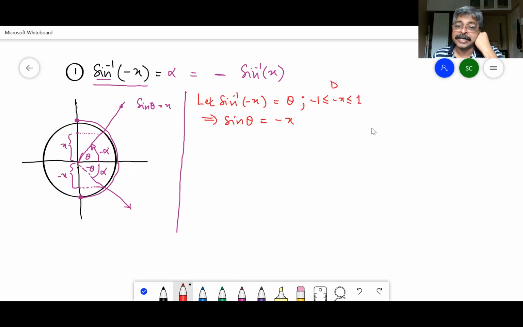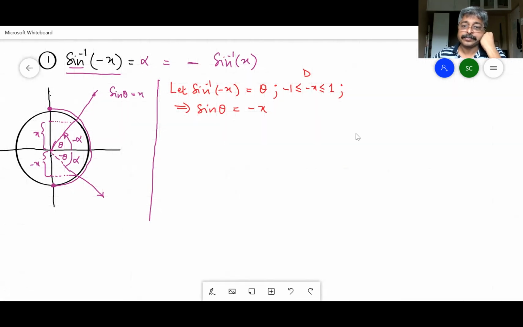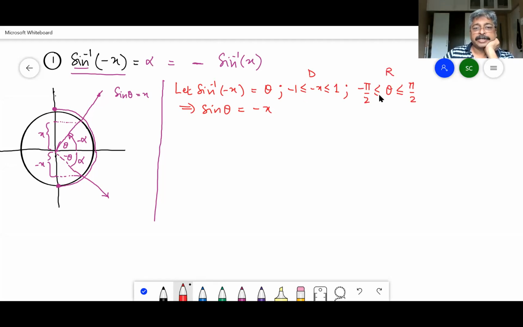This is my domain consideration, and my range consideration comes here. If I operate sine inverse on any value, I land between minus pi by 2 less than or equal to theta less than or equal to pi by 2. This is domain, this is range.